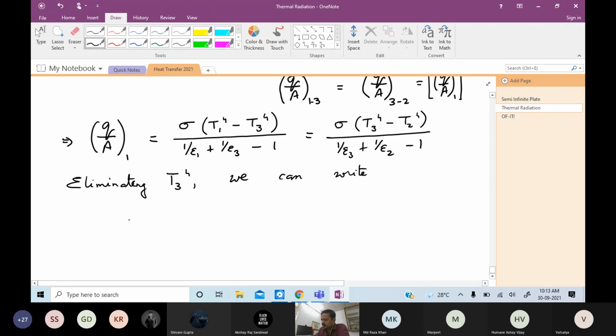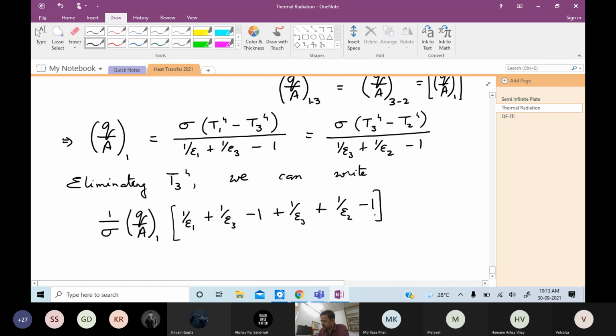So therefore, I can write 1 over sigma Q by A1 times, just add up the others: 1 over epsilon 1 plus 1 over epsilon 3 minus 1 plus 1 over epsilon 3 plus 1 over epsilon 2 minus 1. This would be equal to T1 to the power 4 minus T2 to the power 4.